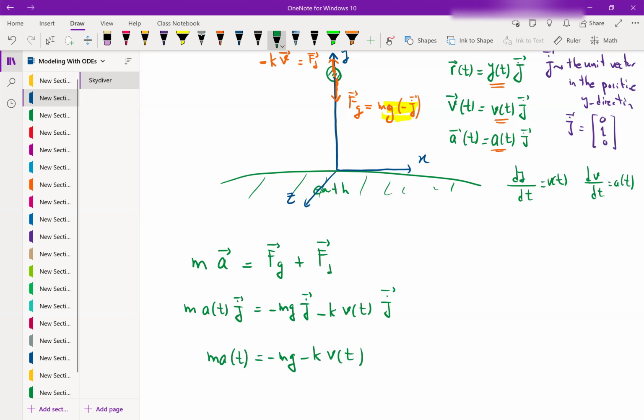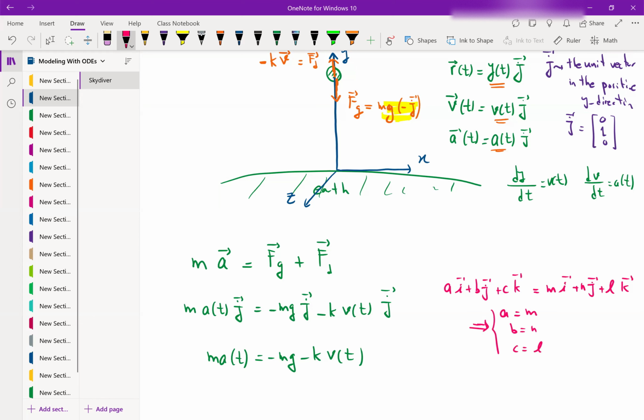Let me make a quick comment about what happened here as well. This is something that you will carefully study in a linear algebra course. If you have two vectors represented in terms of i, j, and k, and you know that ai plus bj plus ck is equal to mi plus nj plus lk, then you can immediately conclude that a must be equal to m, b must be equal to n, and c must be equal to l.